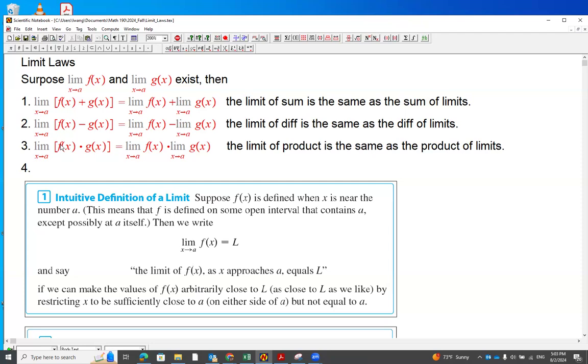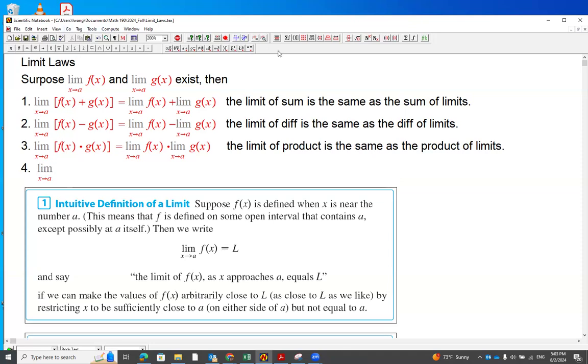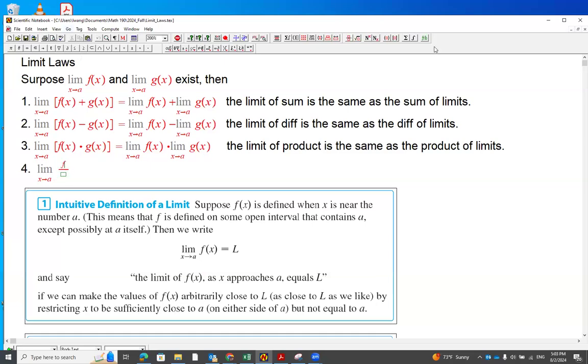And number 4, quotient. So the limit of a quotient. When we divide two limits, f of x divided by g of x, we have an additional domain requirement.